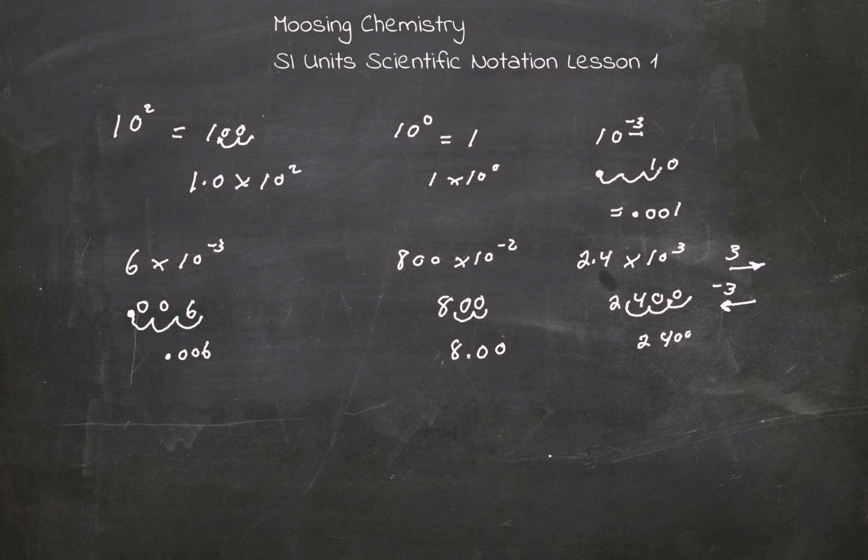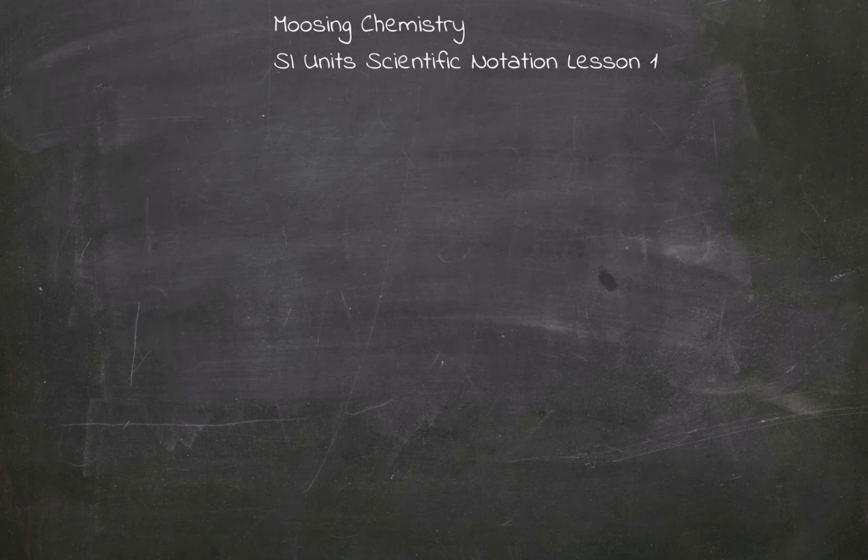Okay, so now let's look at a couple more problems here. First of all, let's clear all these drawings off. Now let's look at multiplying with scientific notation. Let's say, for example, we have 3 times 10 to the third times 4 times 10 to the second.